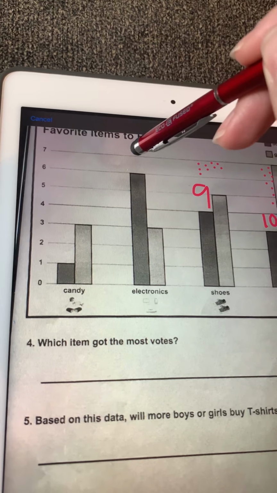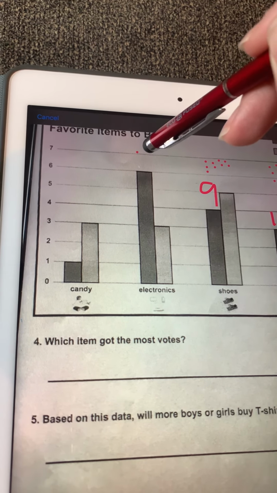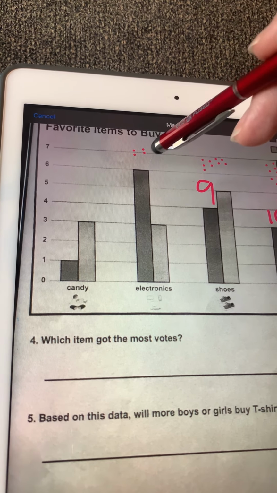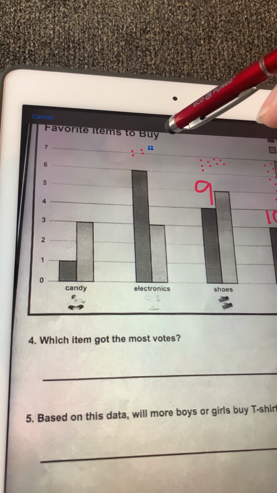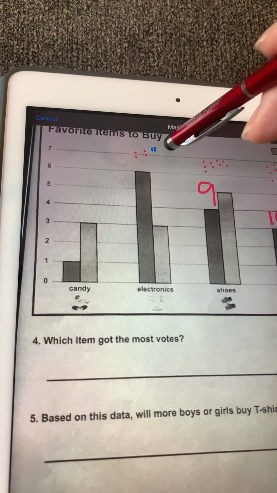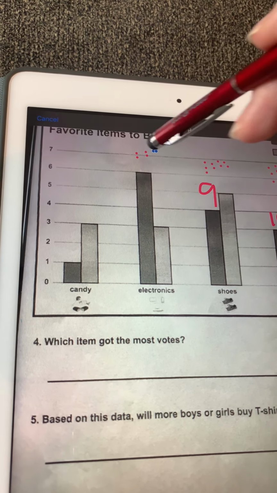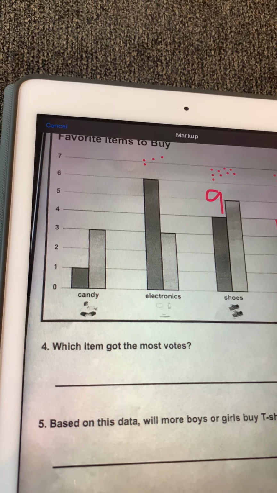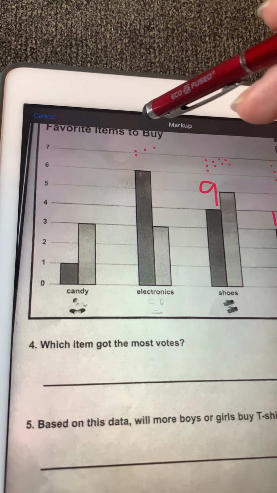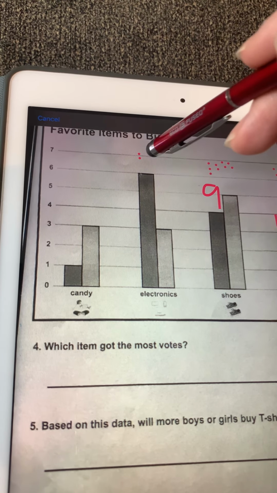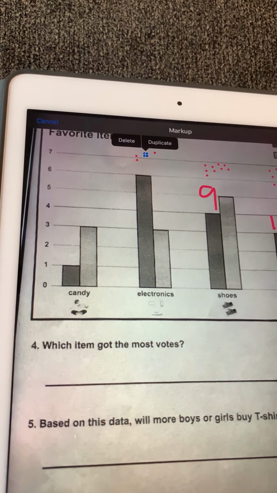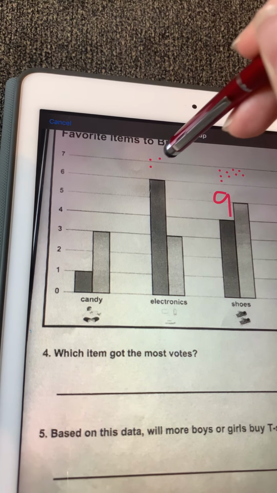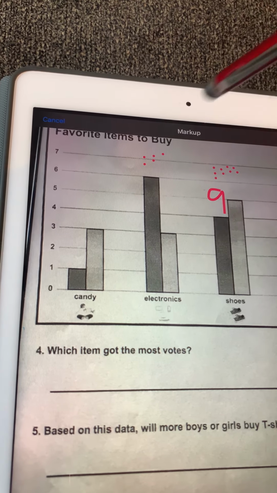So let's make our dots. 6 for the boys. 1, 2, 3, 4, 5, 6.